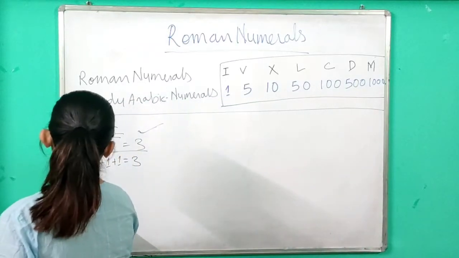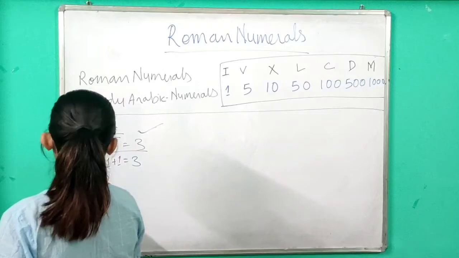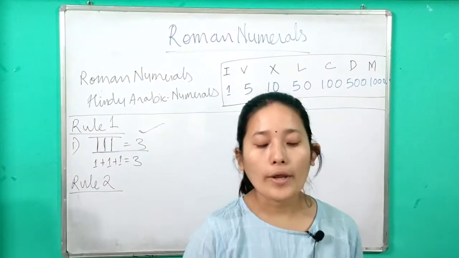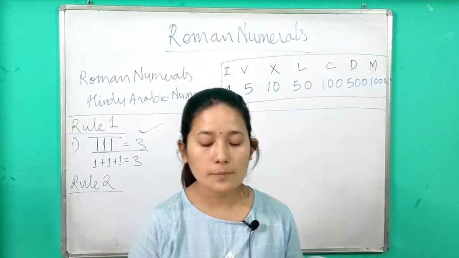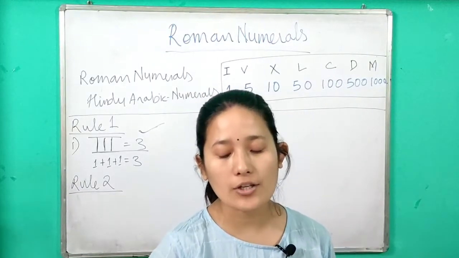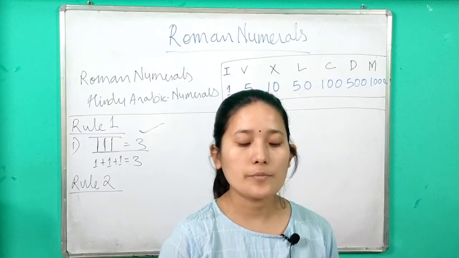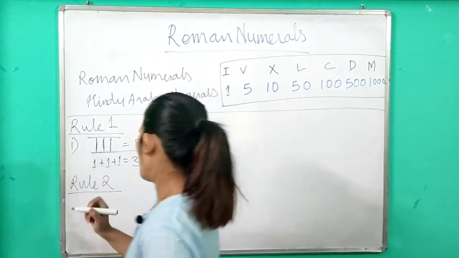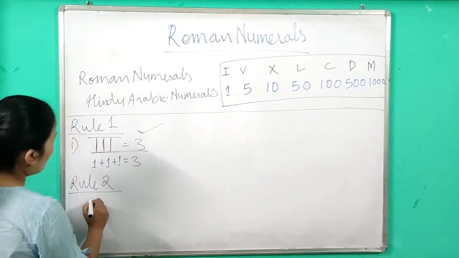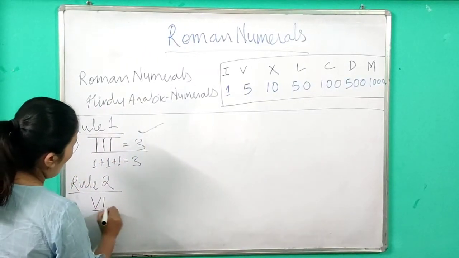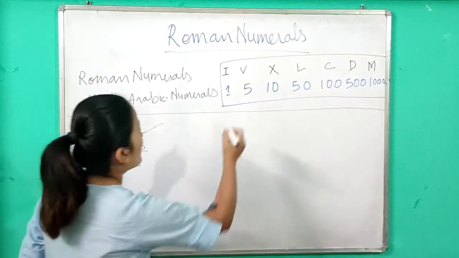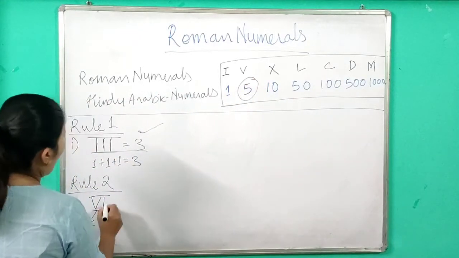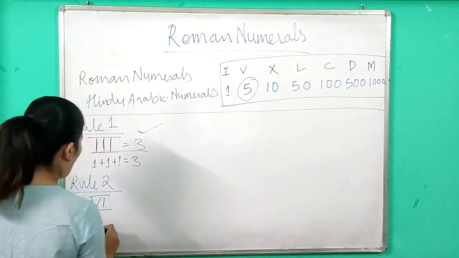Now let's go to rule number 2. What does rule number 2 tell you? Let's read. When any smaller value symbol comes after a greater value symbol, then add the smaller to the greater. What does that mean? You have this V and I. V means 5, and I means 1.